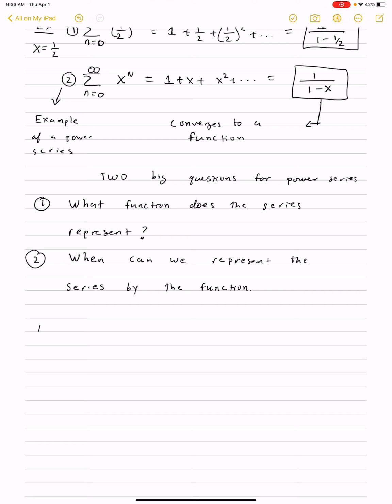Okay. So let's answer 2 here. I mean, after all, we already found what it represents. And the answer to 2 is typically going to be a ratio test or a root test combined with another test for convergence or divergence. Okay, so to answer 2, I'm going to use the ratio test.